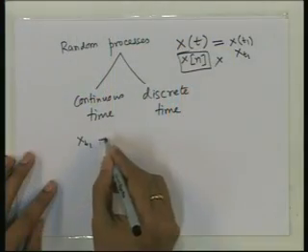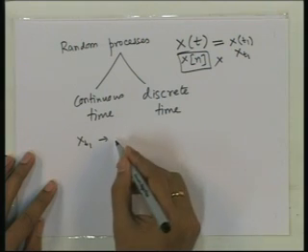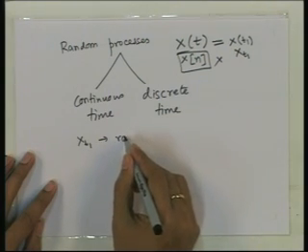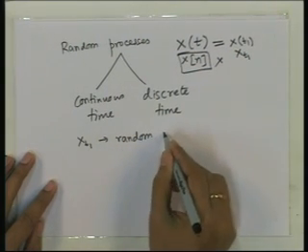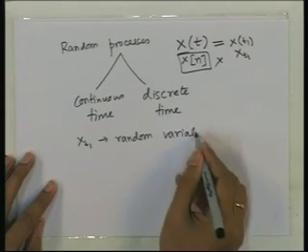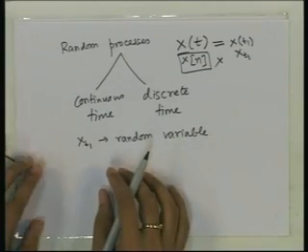It is a random variable, it takes real values. So, if you take any time, the value of the random process at that time is a random variable. Value of the random process at any other time is another random variable. If you take n number of times, you get n number of random variables. Okay. So, x(t1) for any t1 is a random variable.